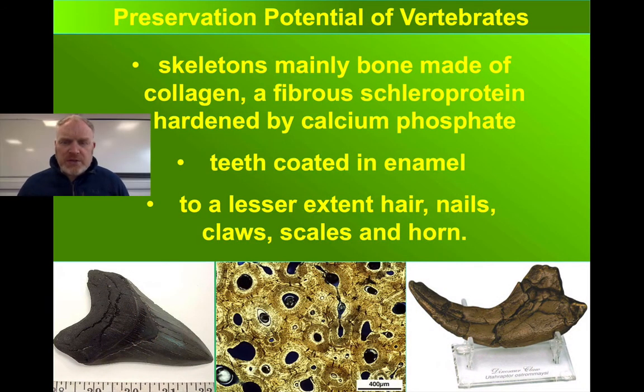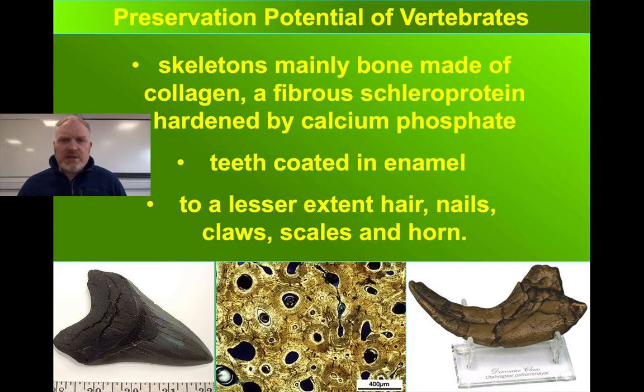Now, different types of fossils are preserved in different ways, depending on what their body is made from. It's an idea we call preservation potential. We'll talk more about this in another lesson, but organisms that have hard parts, so things like skeletons in a vertebrate or teeth, are most likely to preserve.